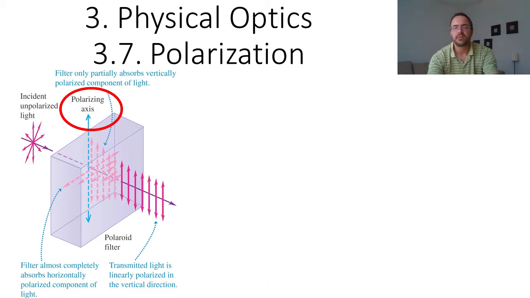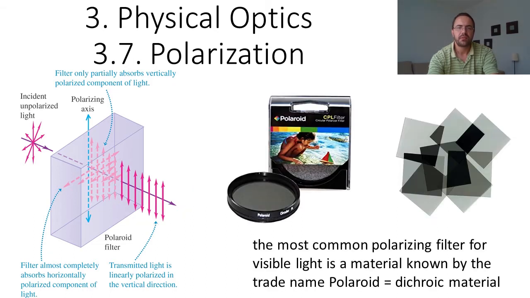And so the transmitted light will be polarized in the vertical direction. The most common type of polarizer is a Polaroid, which is a brand name for a dichroic material, and that material absorbs light differently depending on the polarization axis.